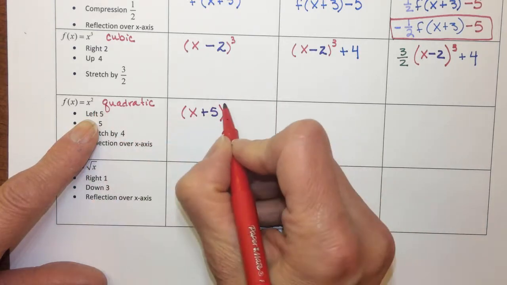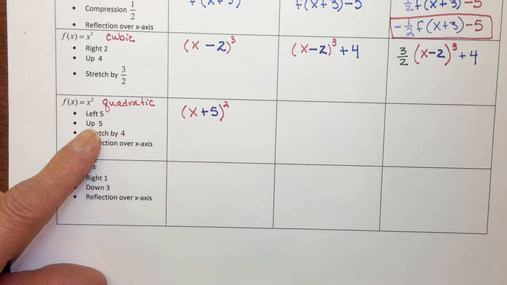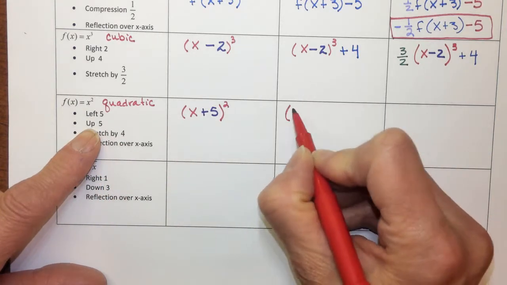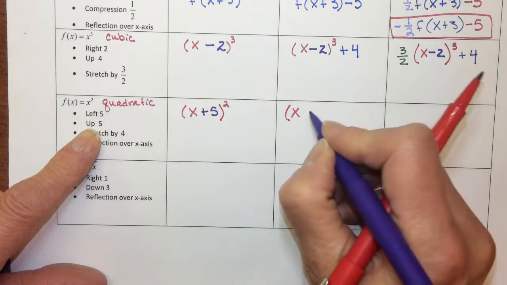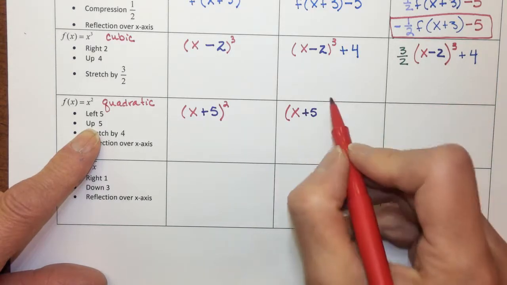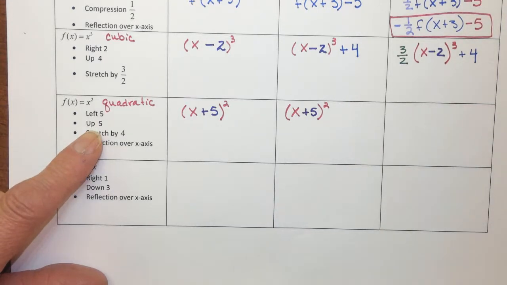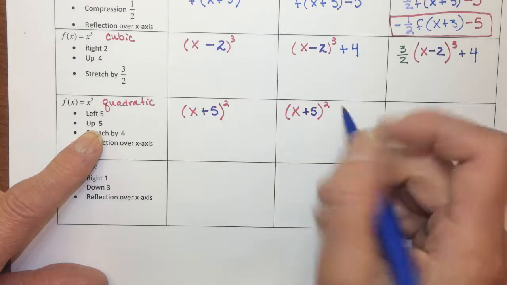And my function's a quadratic, so that has to be squared. Now I'm going to move up 5. So I have x left 5, and then up 5. This 5 happens to be my vertical.